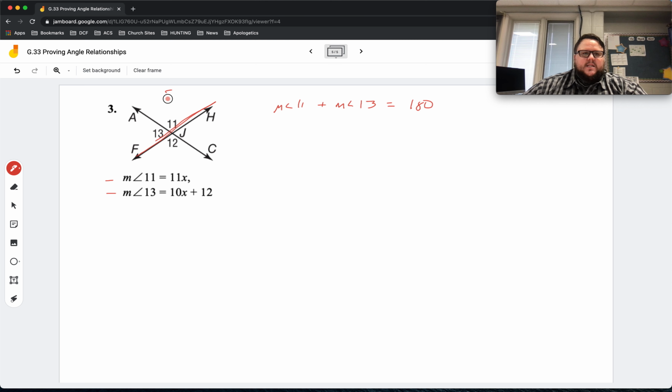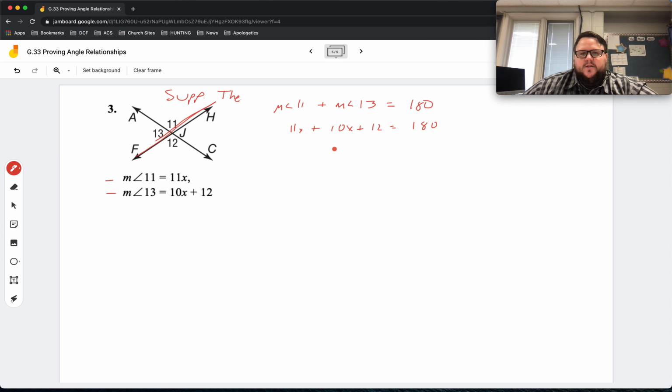And we're using the supplemental theorem. So measure of angle 11 is 11x plus measure of angle 13 is 10x plus 12 equals 180.